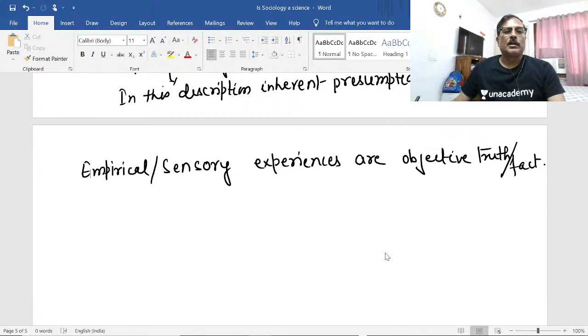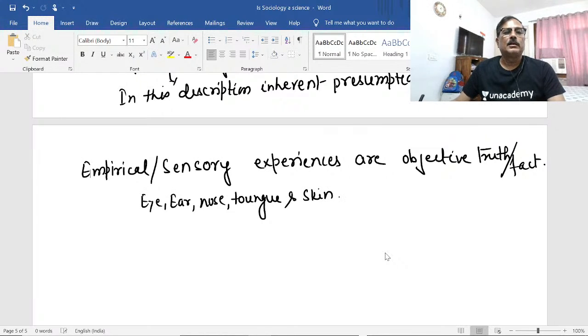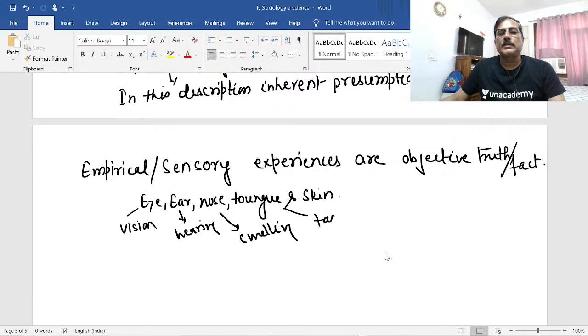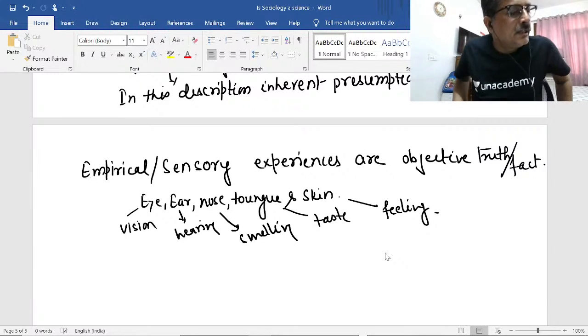All of us know there are 5 sense organs: eye, ear, nose, tongue, and skin. Eye for vision, ear for hearing, nose for smelling, tongue for taste, and skin for feeling.